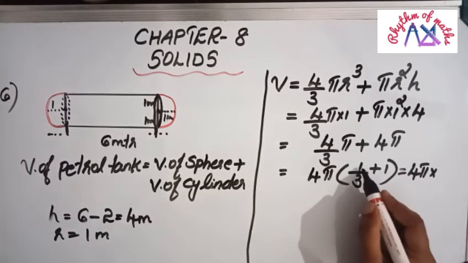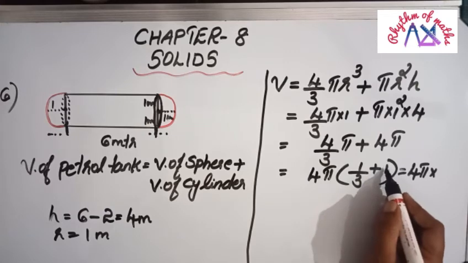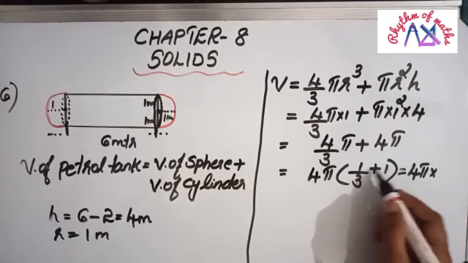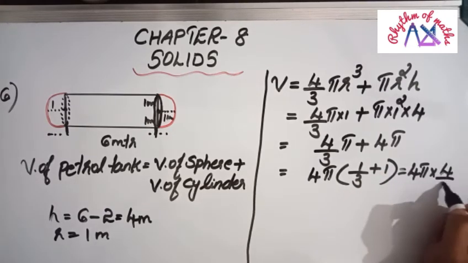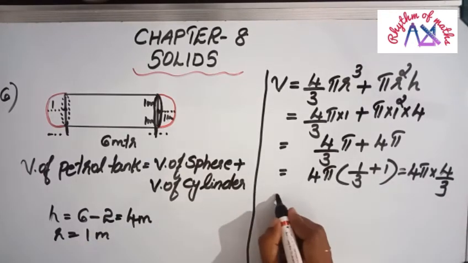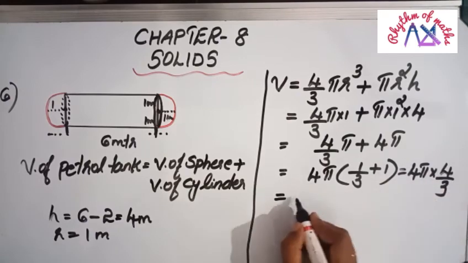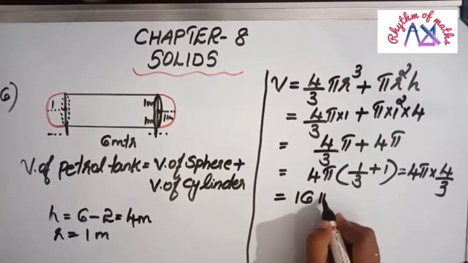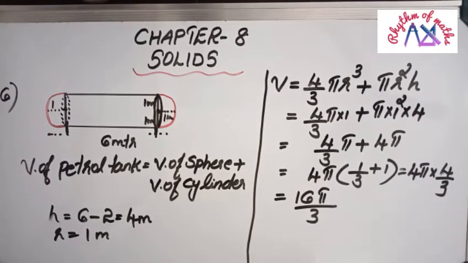Cross multiplication: 1 into 1 is 1, plus 1 into 3 is 3. So 3 plus 1 is 4. Again we get 4 by 3 pi. 4 by 3. So the answer is what? 4 into 4 is 16. 16 pi by 3 is the answer.